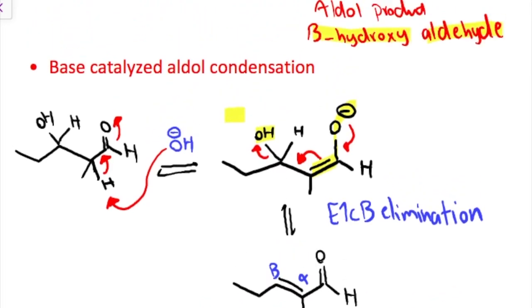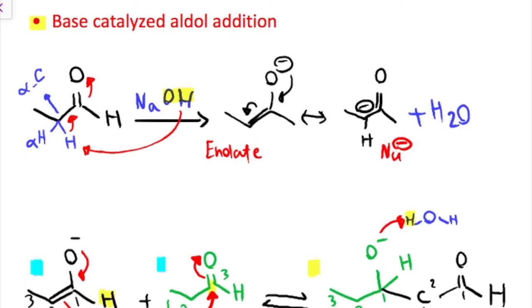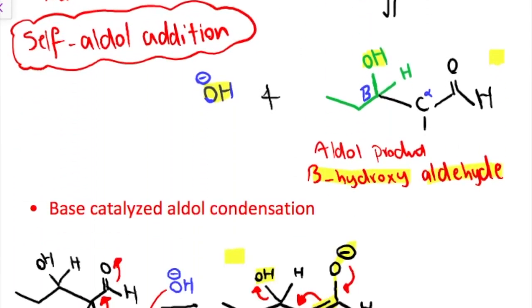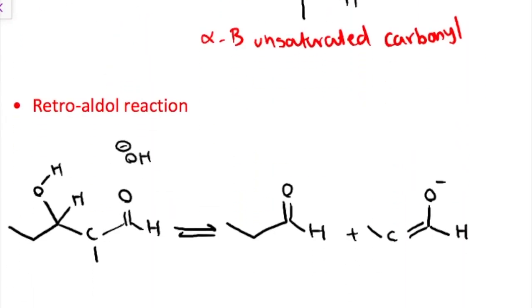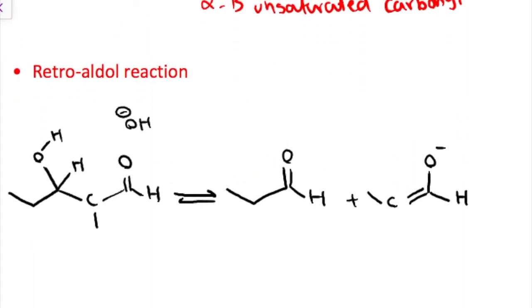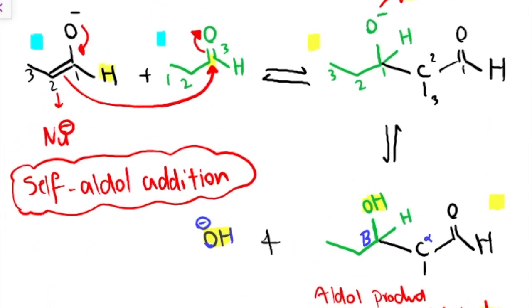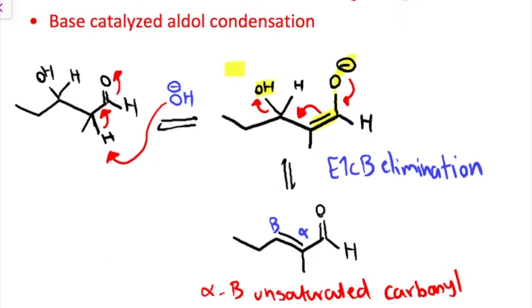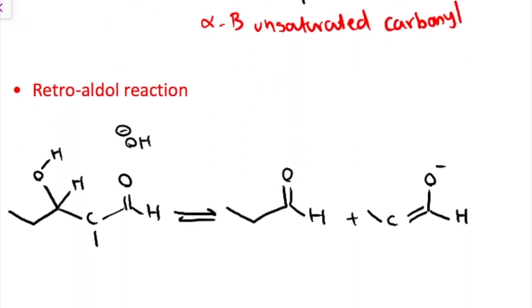Okay, so we talked about the base-catalyzed aldol addition and base-catalyzed aldol condensation. Now, the addition reaction, you can see all these equilibrium arrows, meaning that these steps are reversible. So this is called the retro-aldol reaction, where we take the addition product and we go the other way around to give us the original aldehydes.